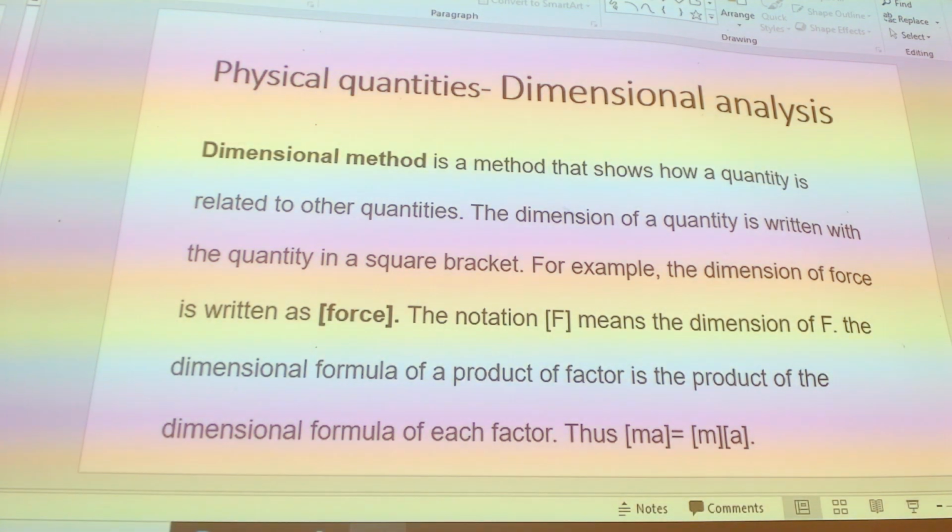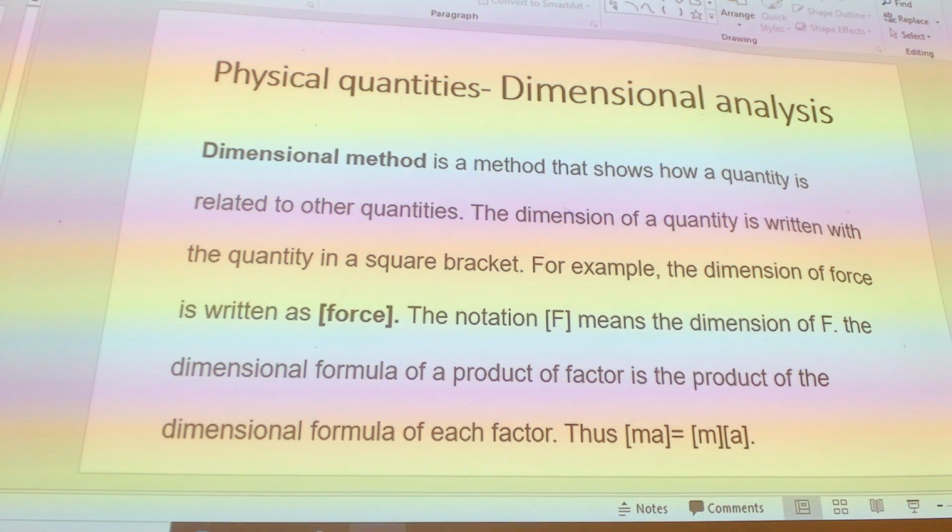If we insert dimensions around those words, the dimension of force equals the dimension of mass times the dimension of A, or m times A. Since m times A is a product, we can separate it into its factors. Therefore, the dimension of MA equals the dimension of M multiplied by the dimension of A separately. So when you have more than one quantity in a product, you can multiply their dimensions separately.